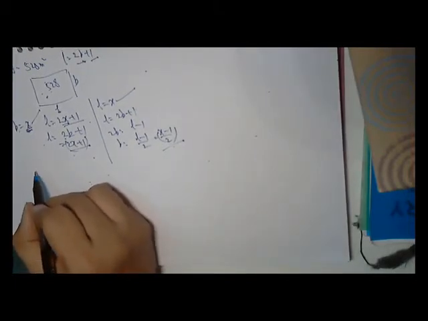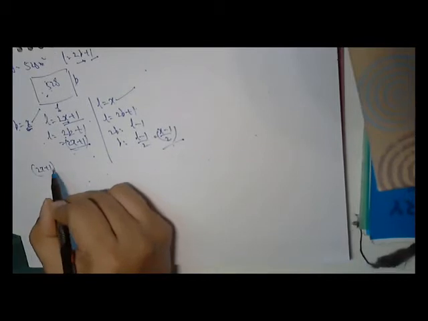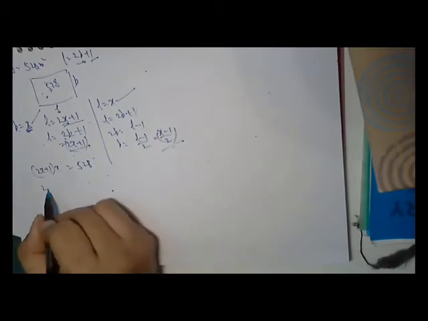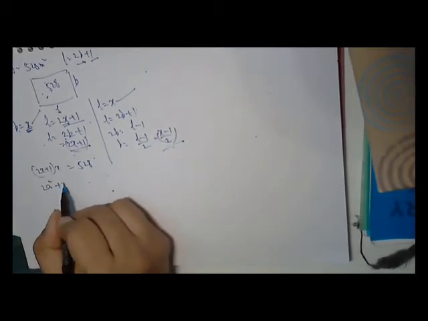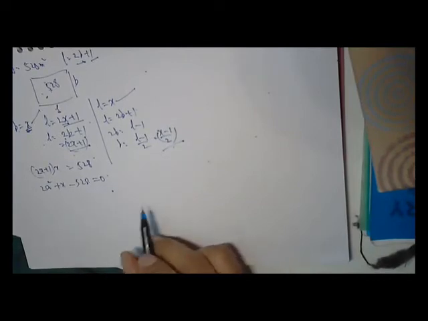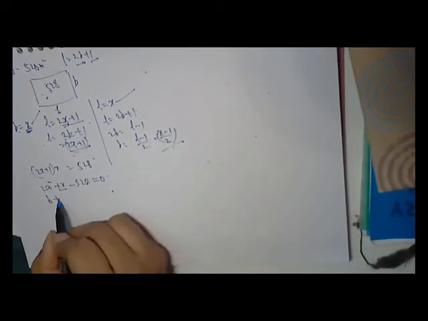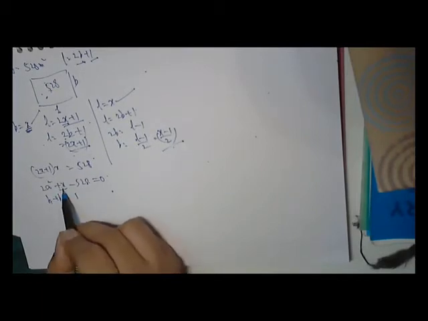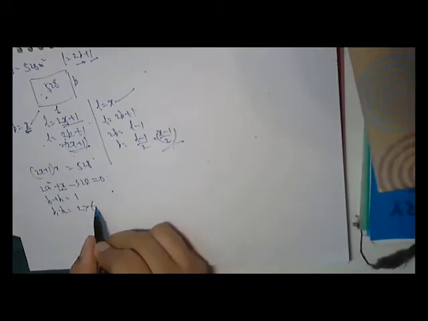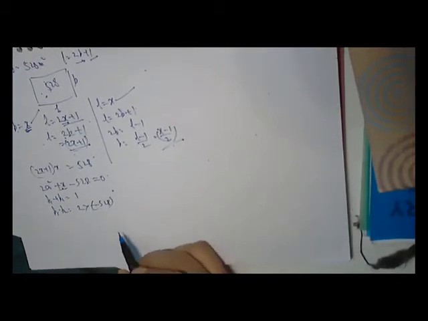What is the area? Length into breadth is equal to 528. So if I open up, 2x squared plus x minus 528 is equal to 0. So b1 plus b2 is equal to 1, and b1 b2 is equal to 2 into minus 528.